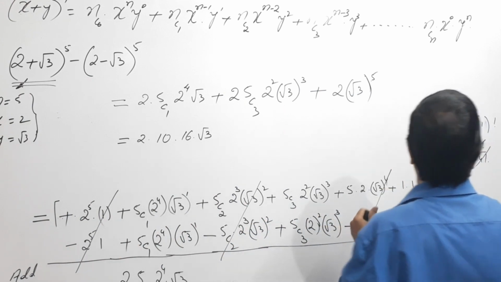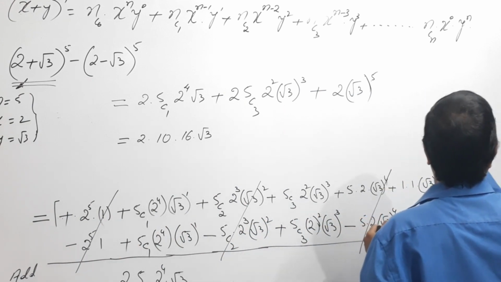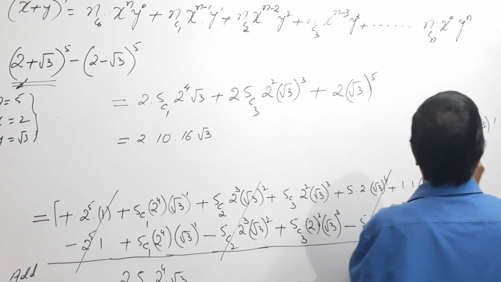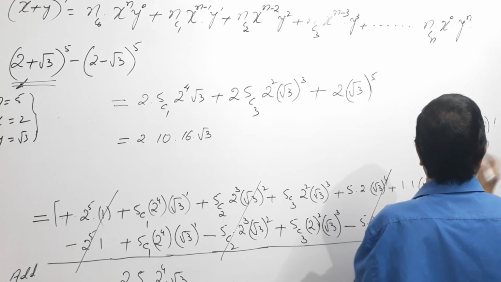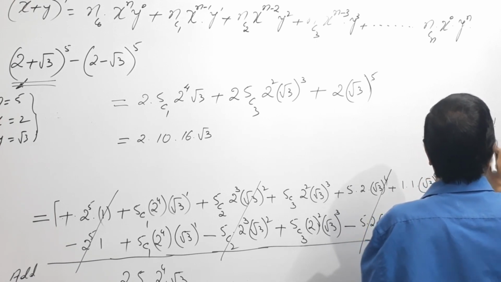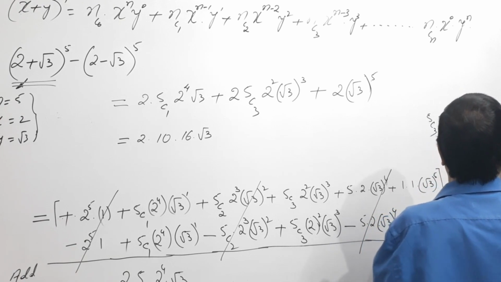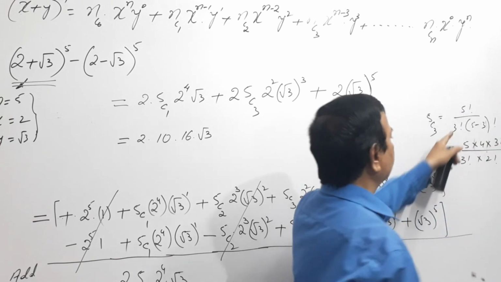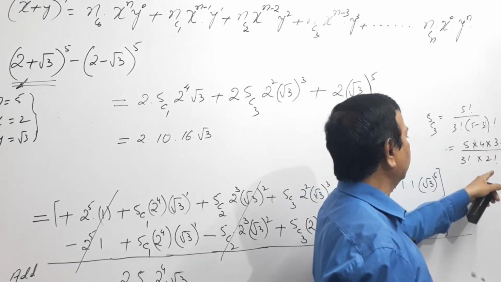5C3 and this is 3 factorial. So this becomes 5 factorial, that is 5 into 4 into 3 factorial divided by 3 factorial into 2 factorial. So this 3 factorial, 5 minus 3 is 2.